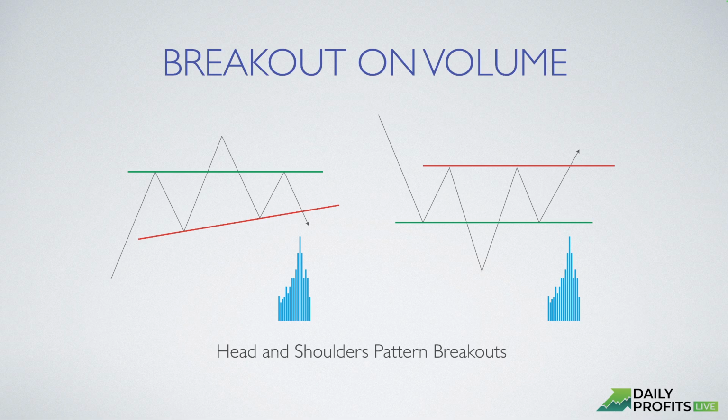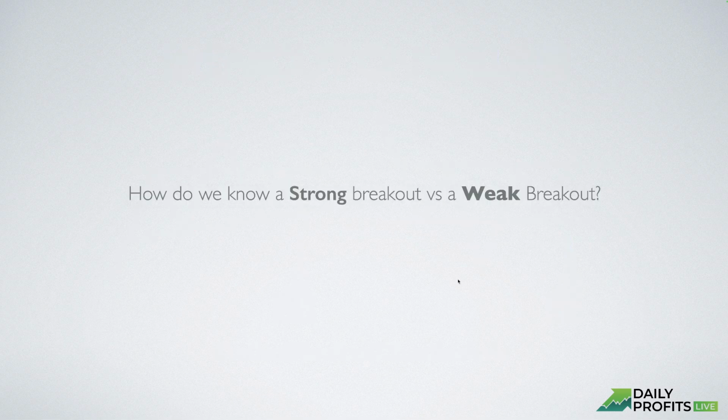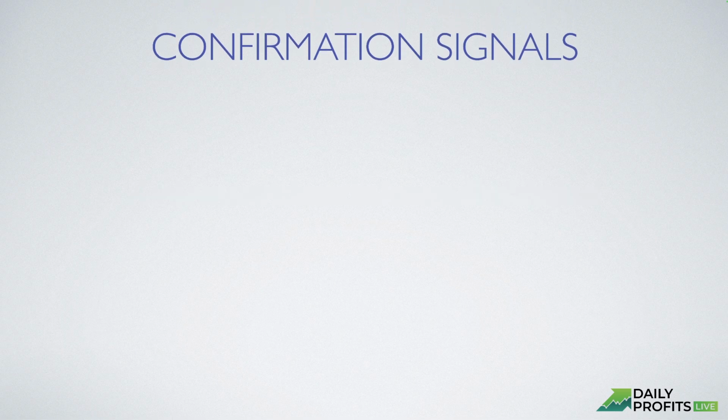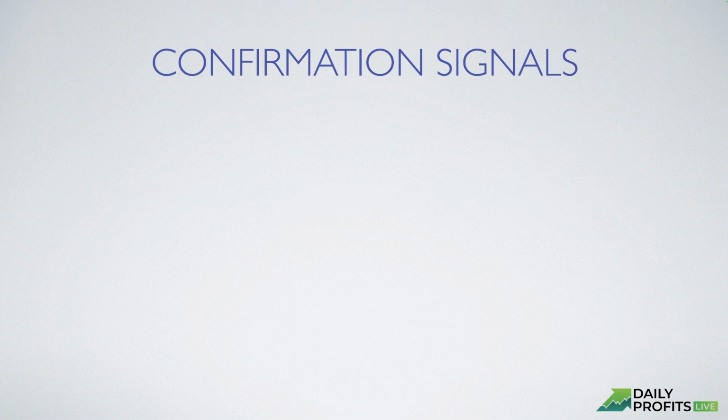And that's where we watch, when you're chart reading and you're playing, let's say, a minute chart, you're watching these patterns, and then as that breakout happens, you want to see that volume to help confirm that. Okay. So how do we know a strong breakout versus a weak breakout? We're looking for confirmation signals, right?